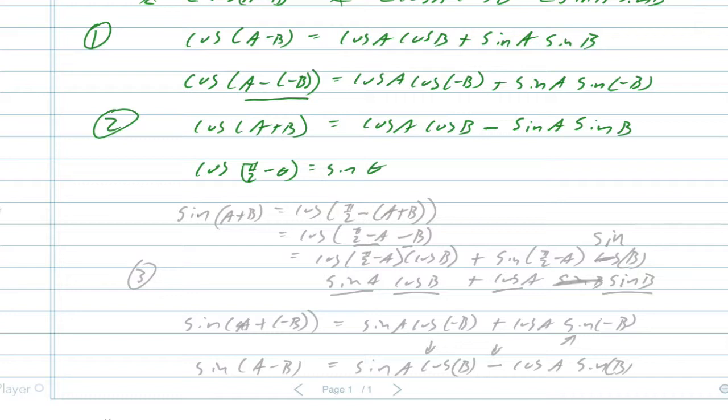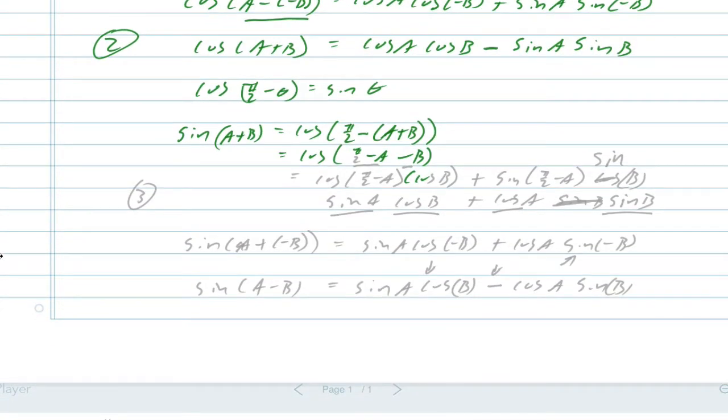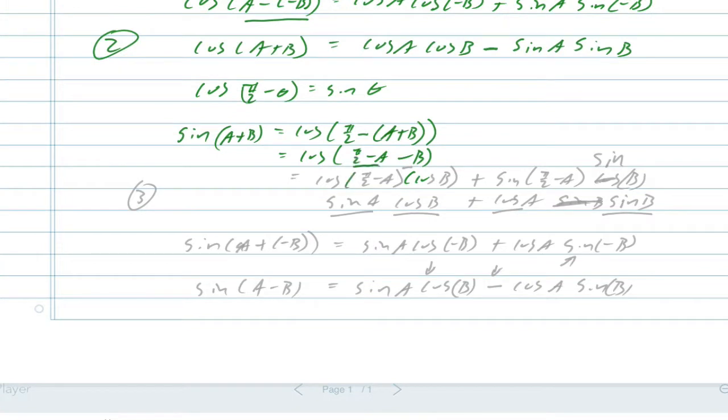So I'm going to say sine (A plus B) is equal to cosine of (pi over 2 minus (A plus B)). Okay, so this is really cosine of (pi over 2 minus A minus B). So we have cosine of an angle minus an angle.